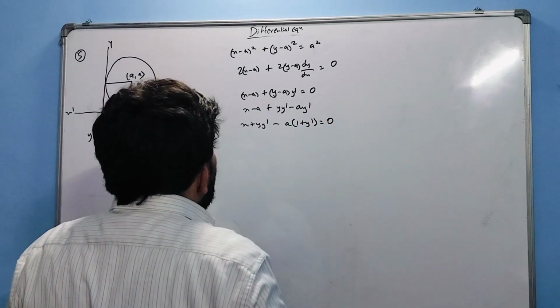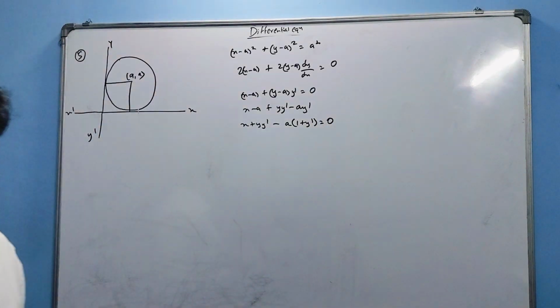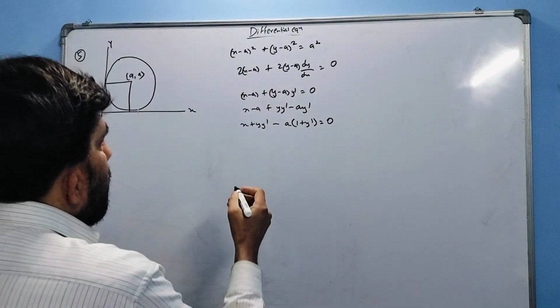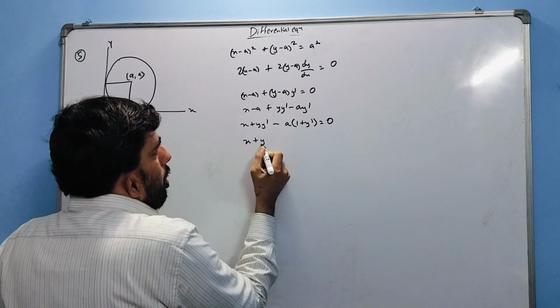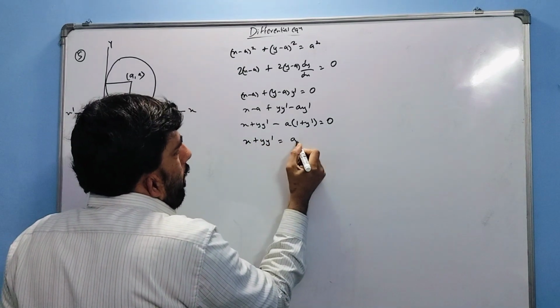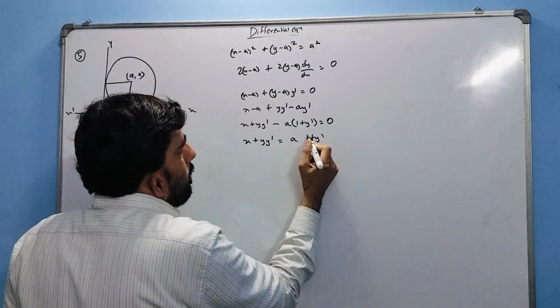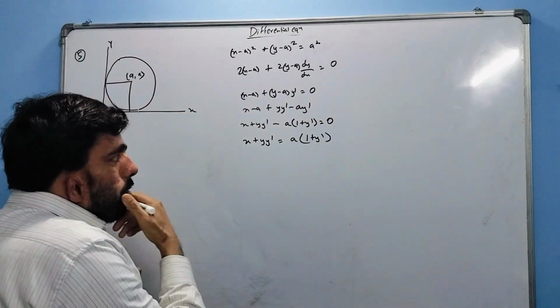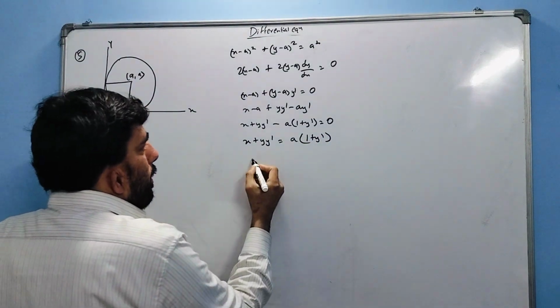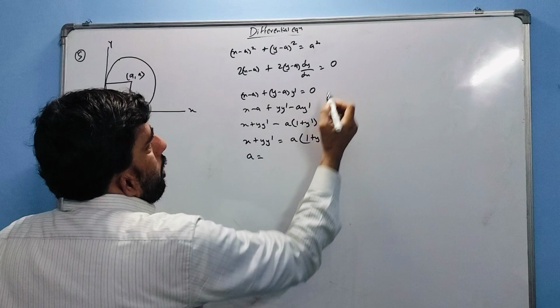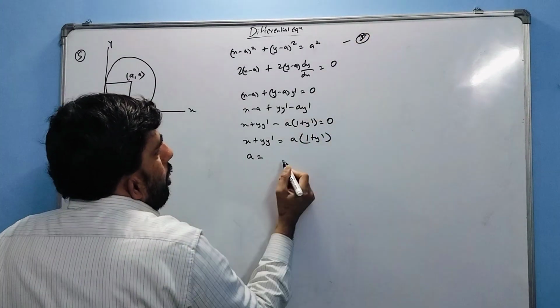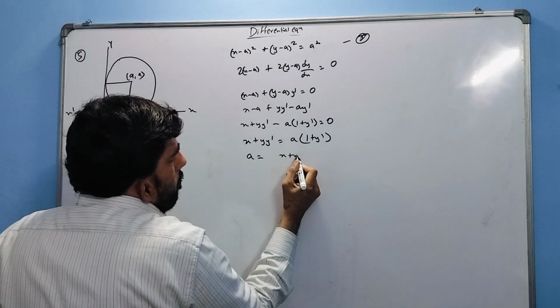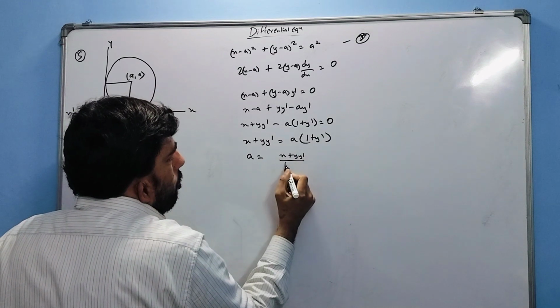Take this: x plus y dash is equal to a into 1 plus y dash. This is the first equation we have: a is equal to x plus y dash upon 1 plus y dash.